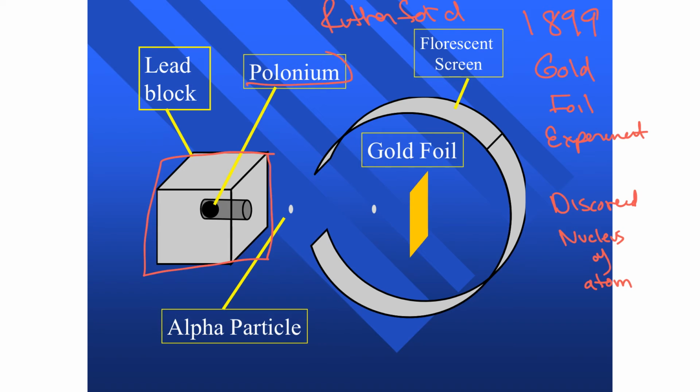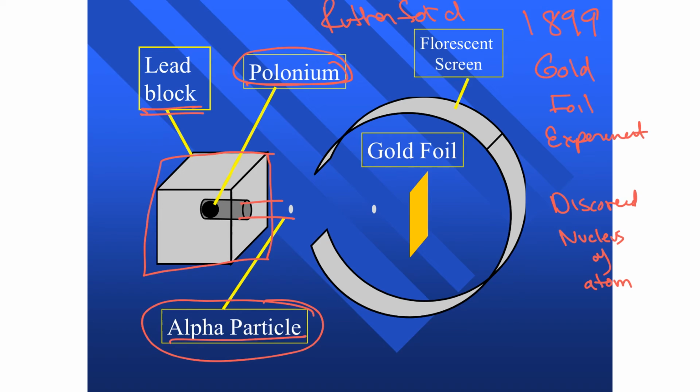And polonium is an element that is radioactive. And so what he did was he knew this lead block would block out all the radiation except a little place where these little radioactive particles would come out.